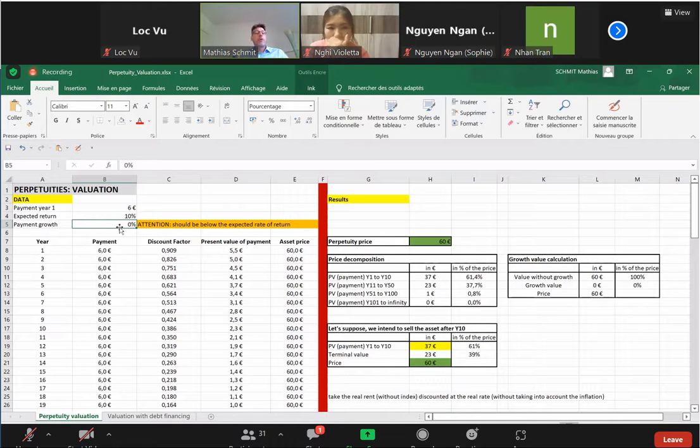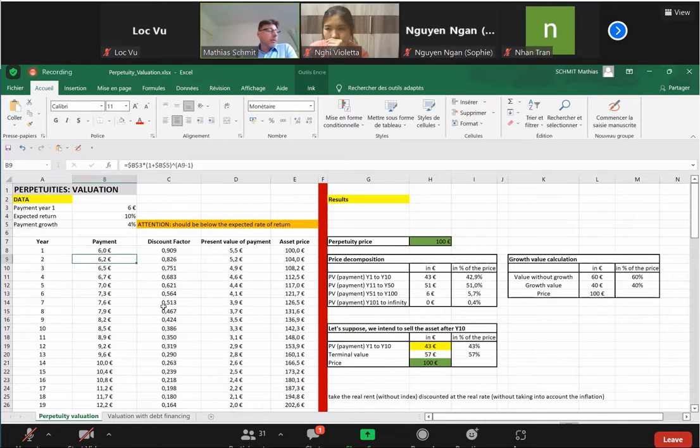Now, if I take the growth, 4%, this is the value. You see, my first payment is 6. The payment next year is 6 plus 4%.